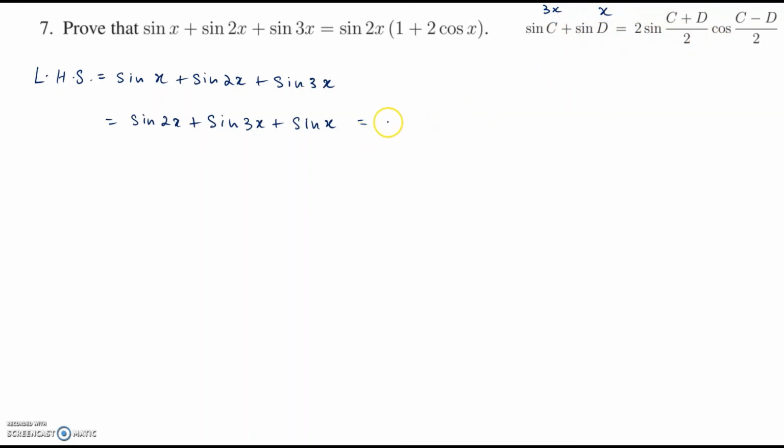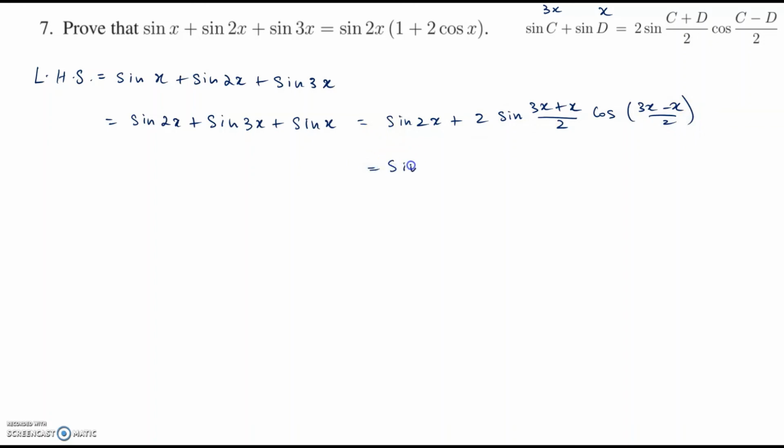So this becomes sine 2x plus 2 times sine (3x plus x) divided by 2 cos (3x minus x) divided by 2.